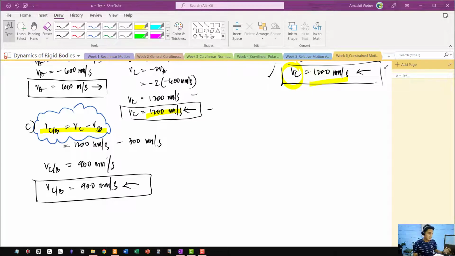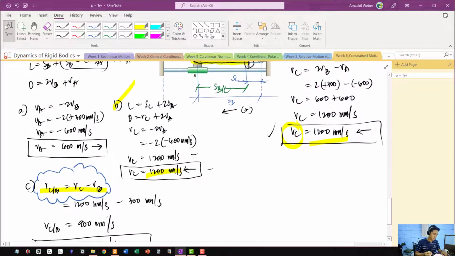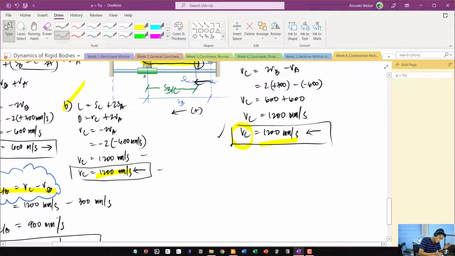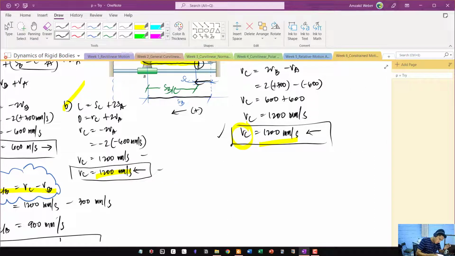Correction: this is wrong. It should be to the right, because we saw it above. The position of SC is that, and the position of SB is that.